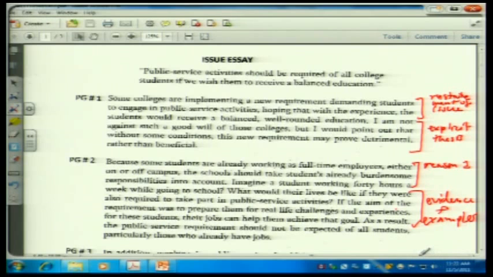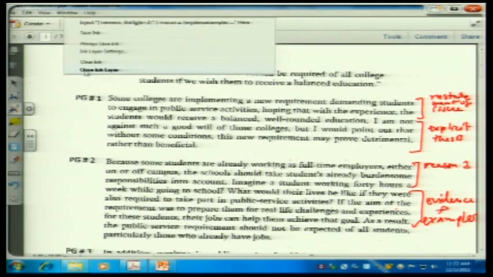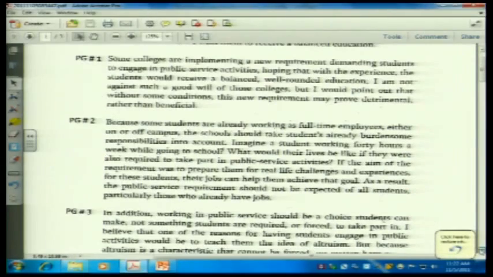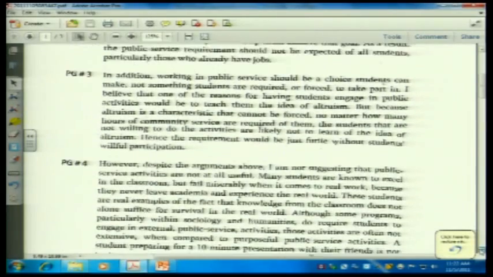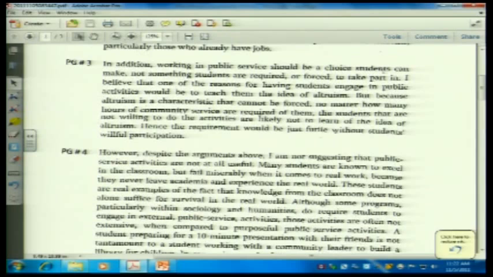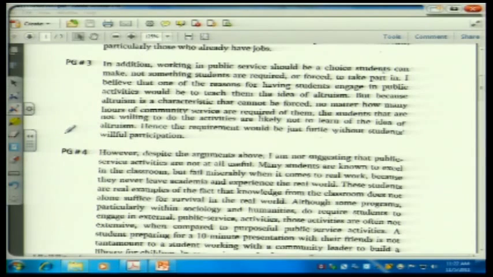The third paragraph will be the same thing. It will be the second reason. So this is the second reason. And you follow that up with more examples and evidence in relation to the second reason.